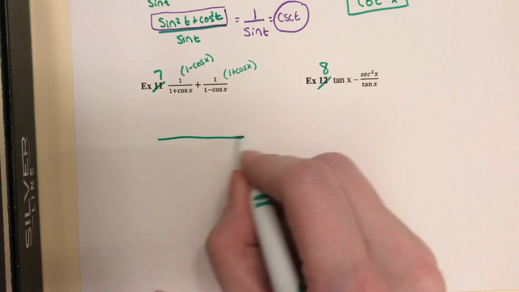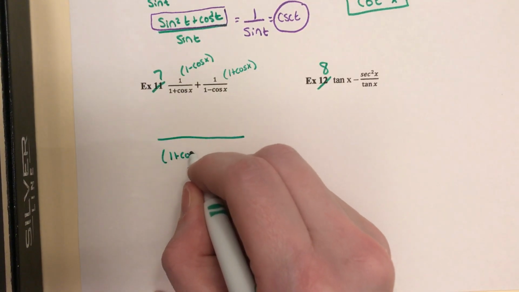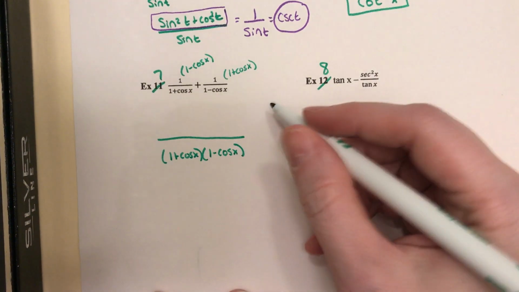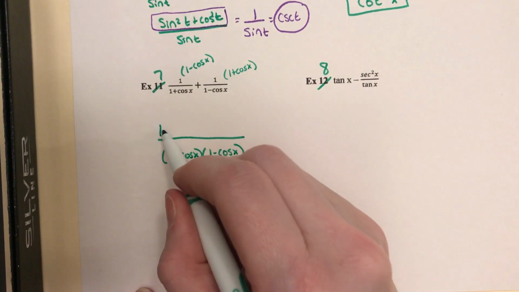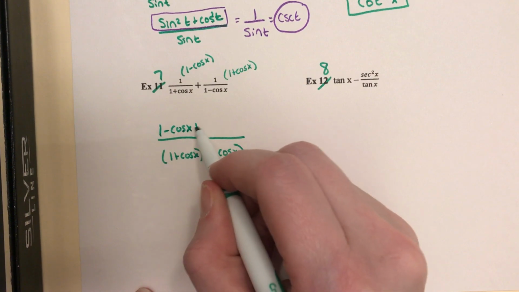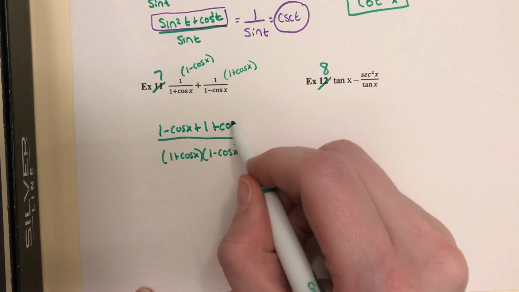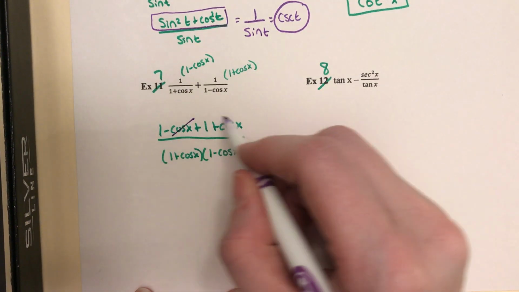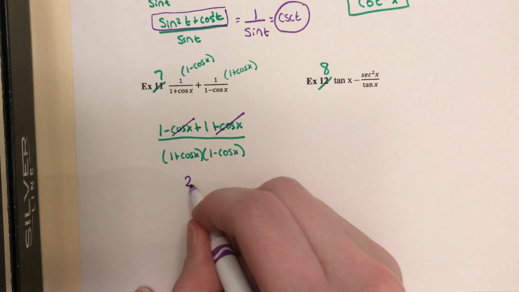So my common denominator would be 1 plus cosine, 1 minus cosine. And then the top, 1 minus cosine plus 1 plus cosine. Now, looking at the top, the cosines cancel, and I'm left with 2.